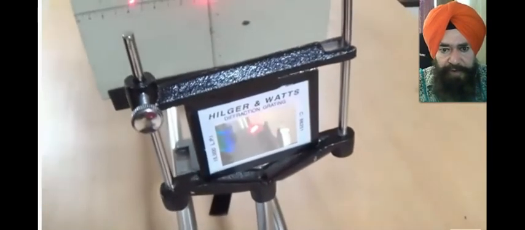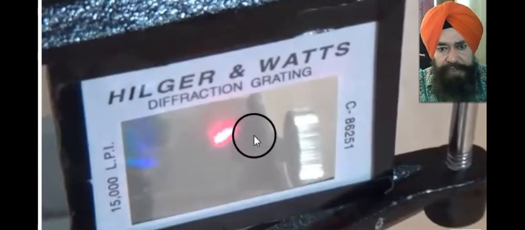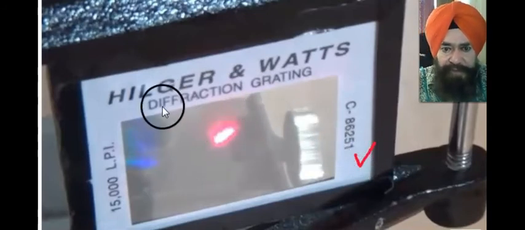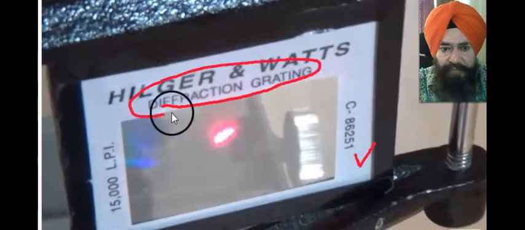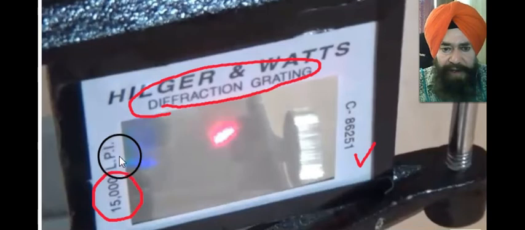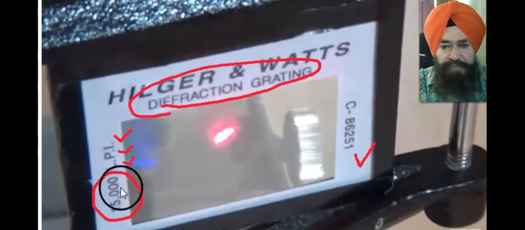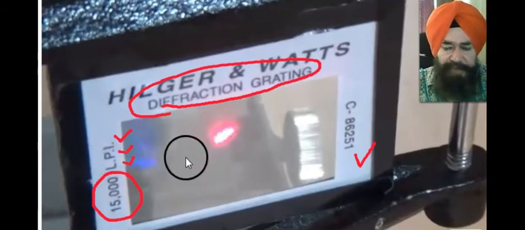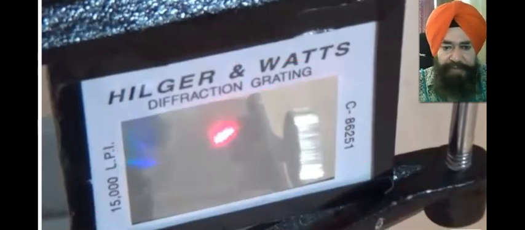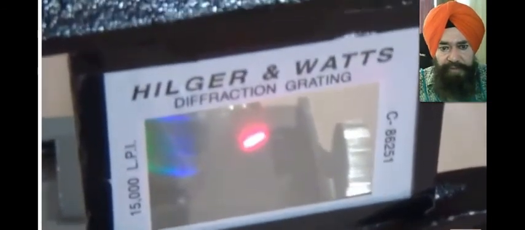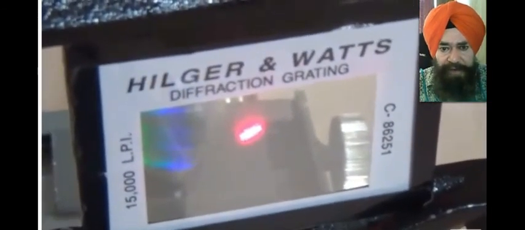The laser light is shone on this diffraction grating. The specification of the grating is 15,000 lines per inch.